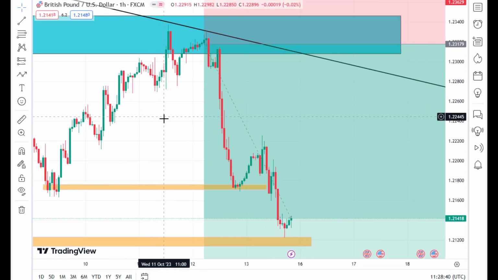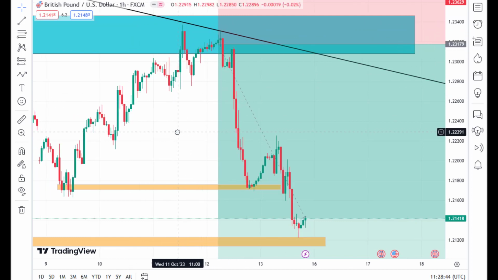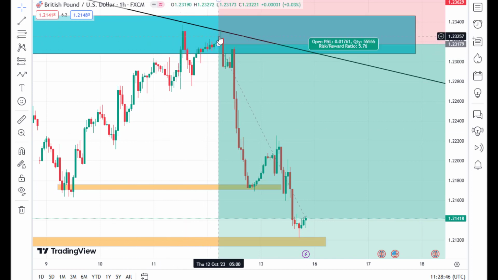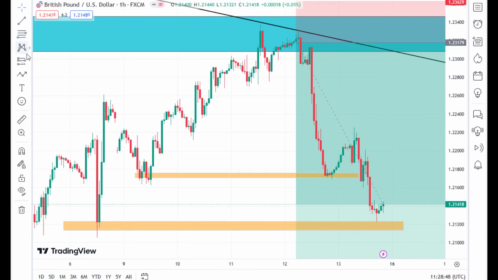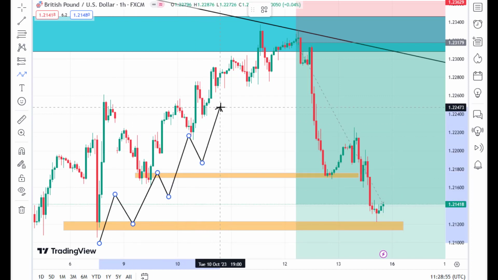Now let's say you didn't take your trade setup there, maybe as a swing trader. Right here a double top pattern formed, because when price creates higher highs and higher lows like this, price will keep creating higher highs as long as price doesn't come back to break these previous lows.